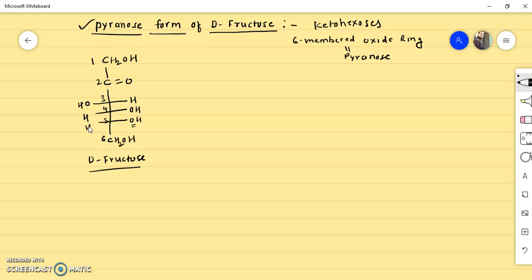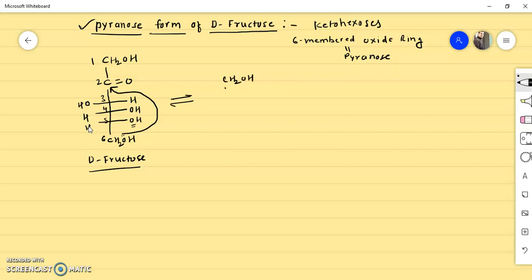Now at 2 position there is a free carbonyl group. So if we have to obtain a 6 membered oxide ring, then we must attack the hydroxy group present on carbon number 6 on this free carbonyl group. If we attack this on the carbonyl group, then only there is a formation of a 6 membered oxide ring. So in this way I will draw the structure CH2OH.